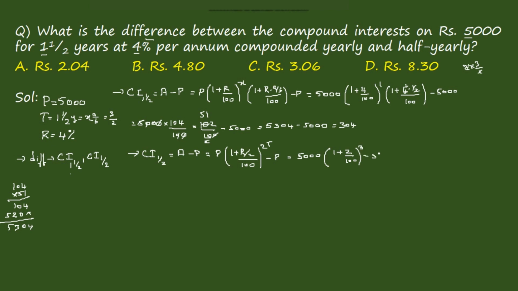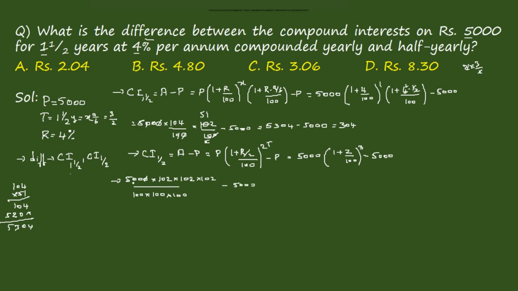Minus 5000, right? So take the LCM, we get 5000 into, it is a cube, right? So it becomes 102 into 102 into 102 by 100 into 100 into 100, minus 5000, right?